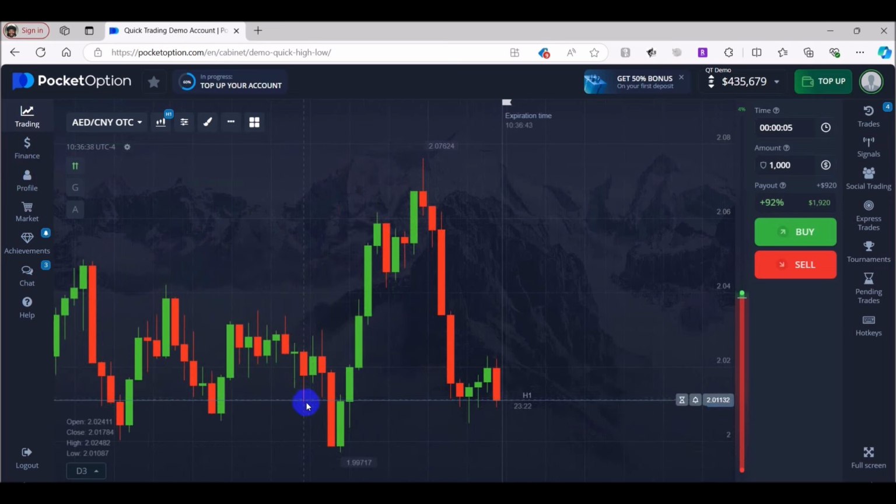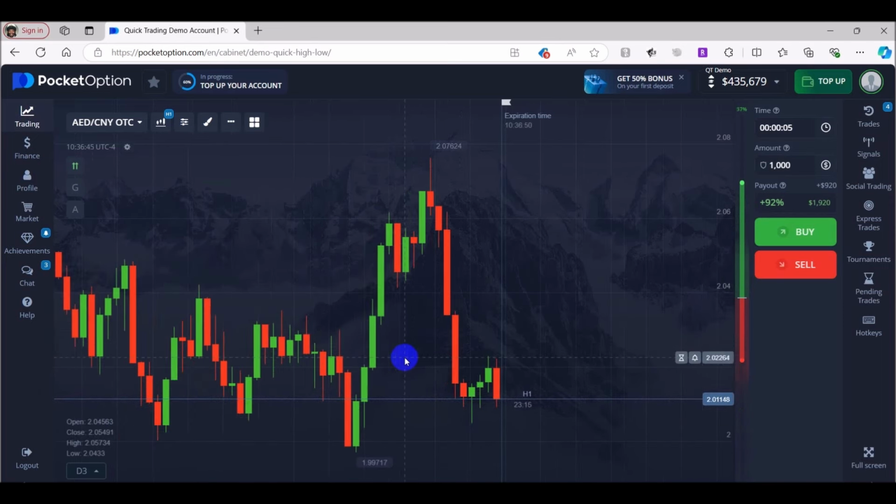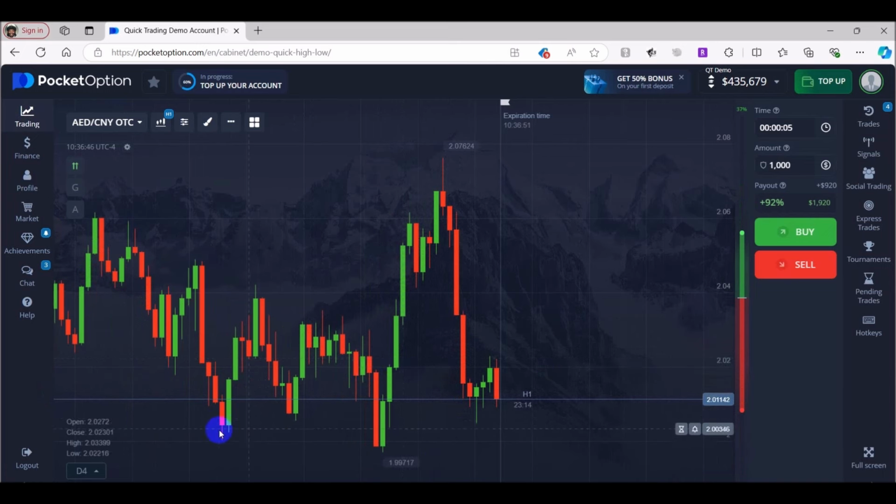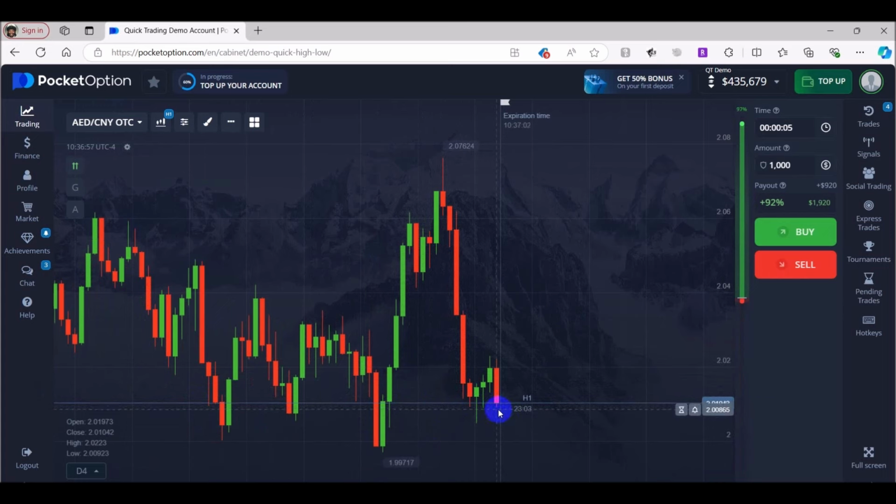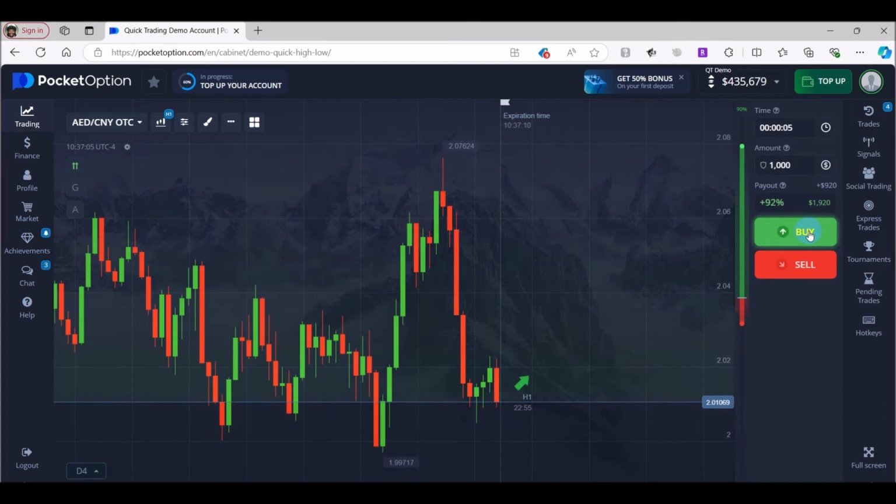And then you see it's working on this wick too. So previous candles show you where it's working off of and where it could go to next. The bottom of this candle came all the way down here, so it could come all the way back down to this wick, and then you could take your buy.